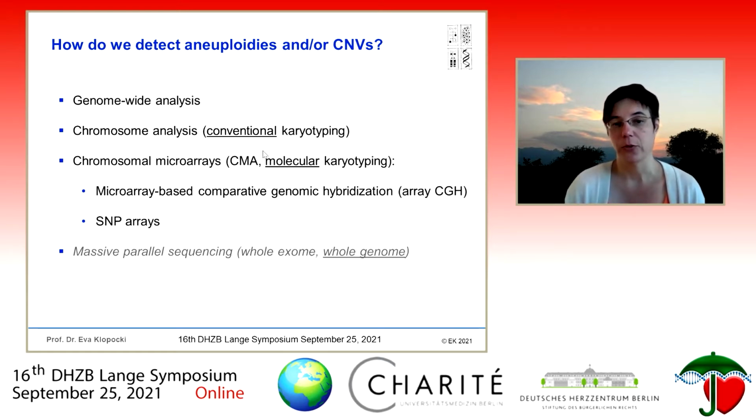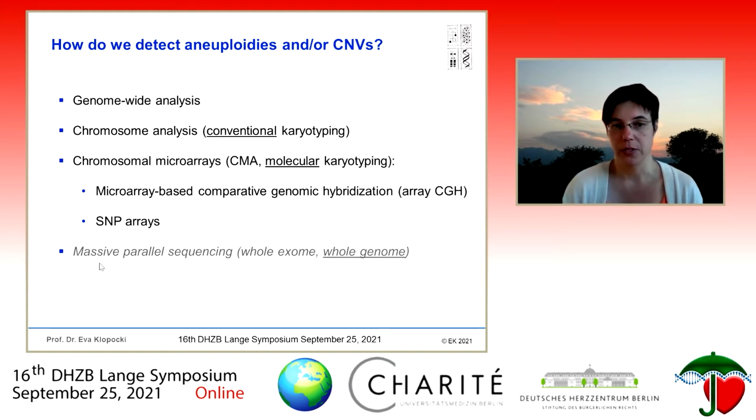On the other hand, of course, the higher resolution that came up approximately 15 years ago is molecular karyotyping or chromosomal microarrays. You can use two different kinds. You can perform a microarray-based comparative genomic hybridization, where you actually compare patient DNA with a reference DNA, or you can use SNP arrays, which give you additional information, not only copy number, but also the SNP information. So that could be loss of heterozygosity.